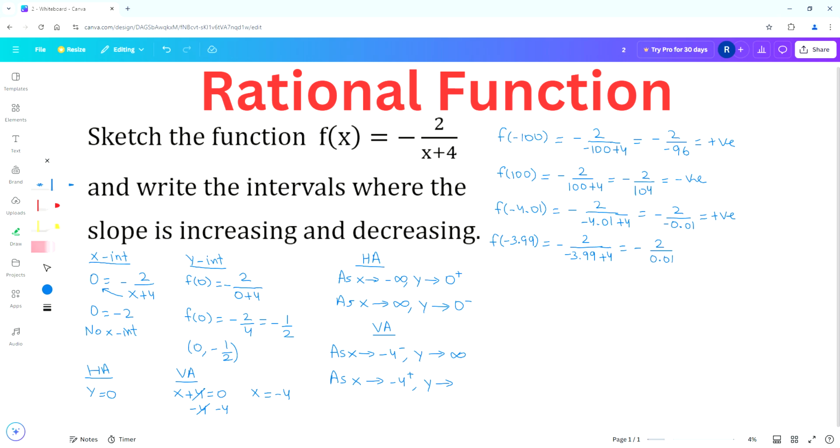This fraction has a negative value. That means on the right side of the vertical asymptote, y approaches negative infinity. So these are the key properties of the graph of this rational function. We can use these properties to sketch the function.